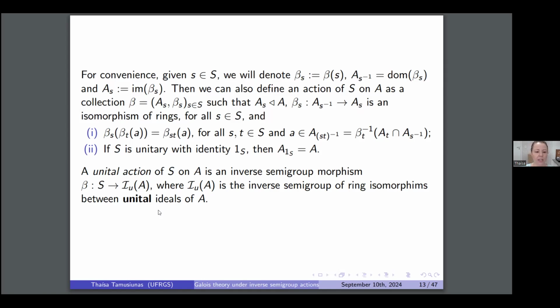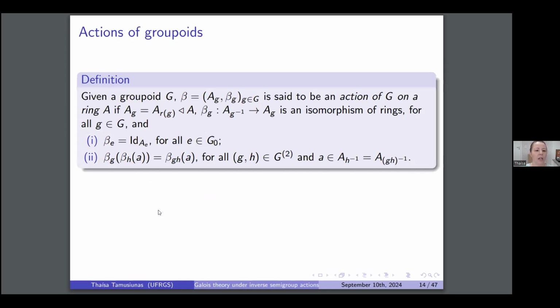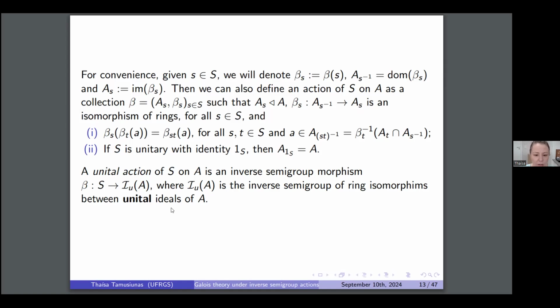So this is what we mean by unital action. Sorry, central idempotents, do you mean central in the whole of A or central in the domain? Generated by central idempotent elements, central in A, in the whole of A.